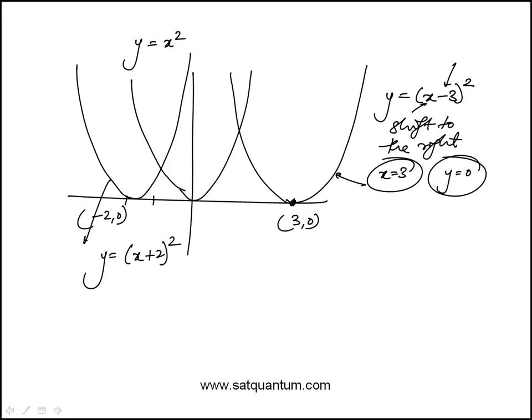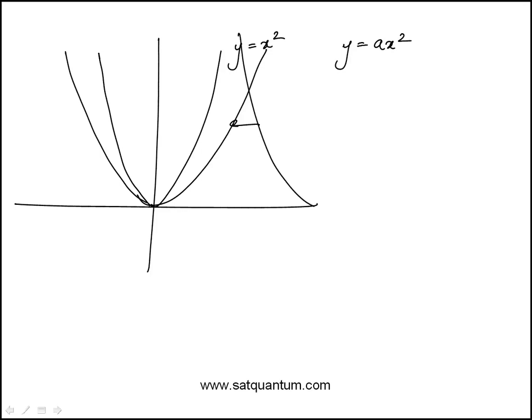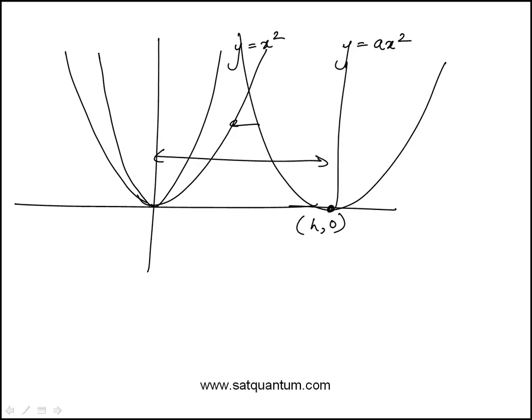So we have horizontal shift, vertical shift, and then the parabola itself becoming narrower or wider depending on the coefficient of x squared. Now if we start with a general parabola, y equals ax squared, some other parabola where a could be greater than 1 or less than 1, and I shift it horizontally to this point, essentially we have a shift of h units to the right.